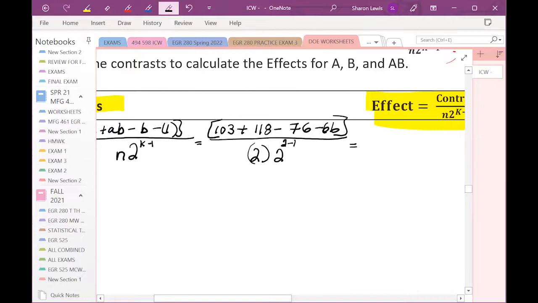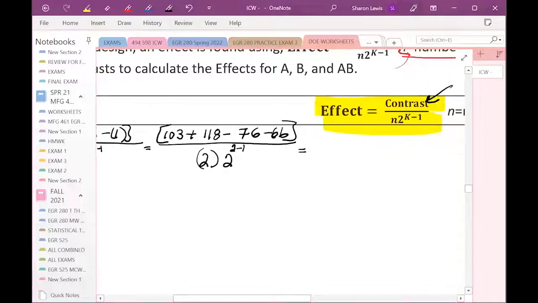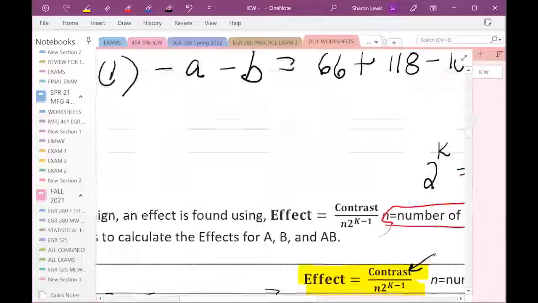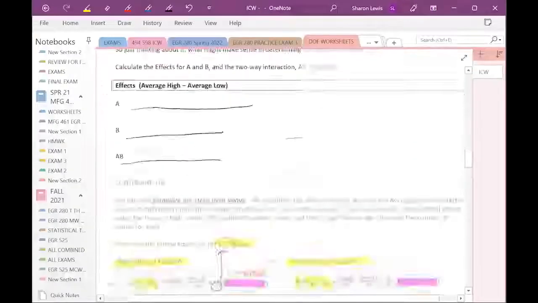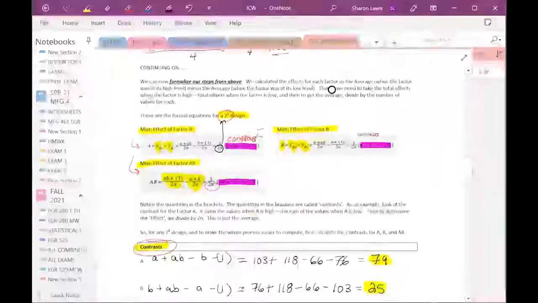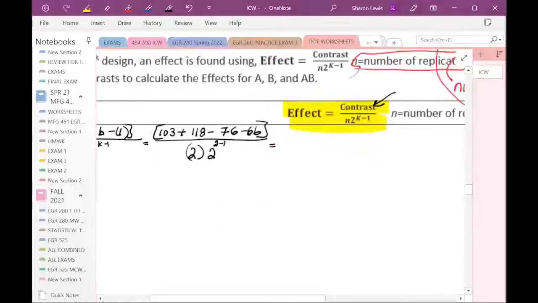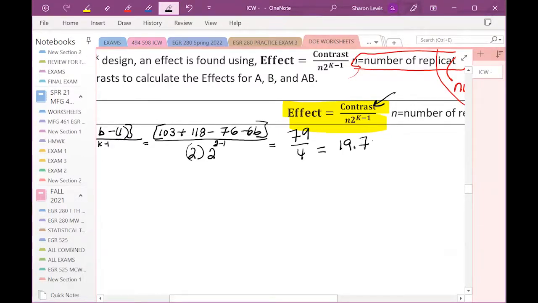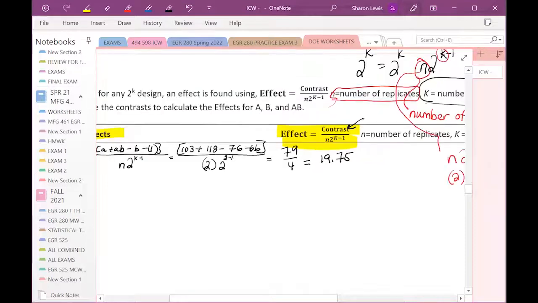So that's divided by 4. The contrast was 79, so 79 divided by 4. And that's where we got that 19.75 for the effect, the same thing we got when we initially started.